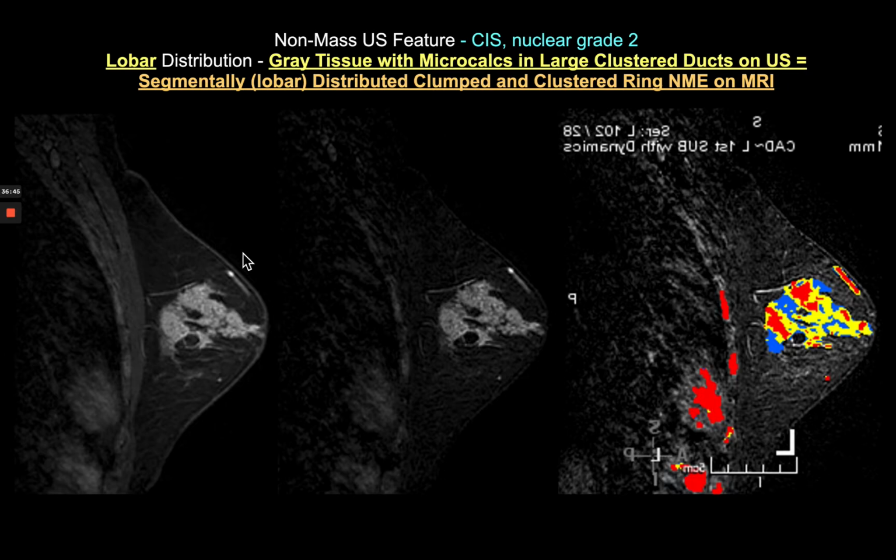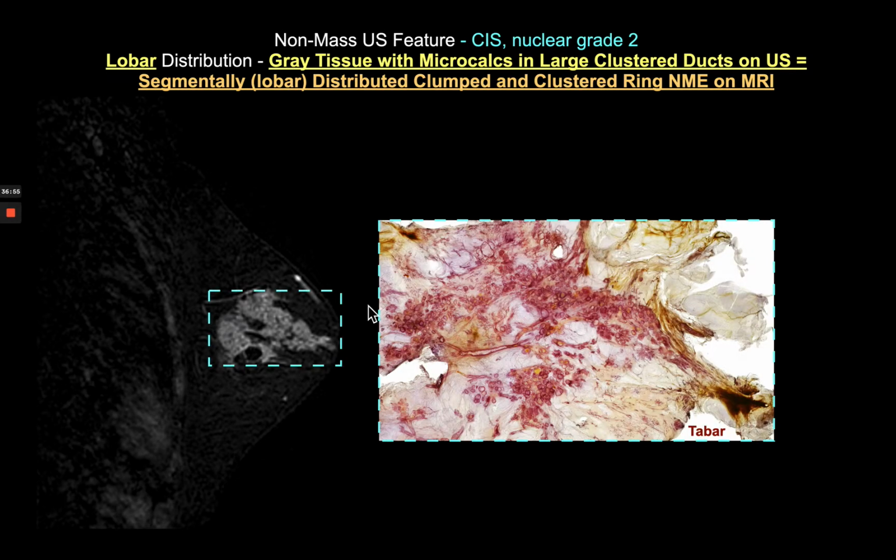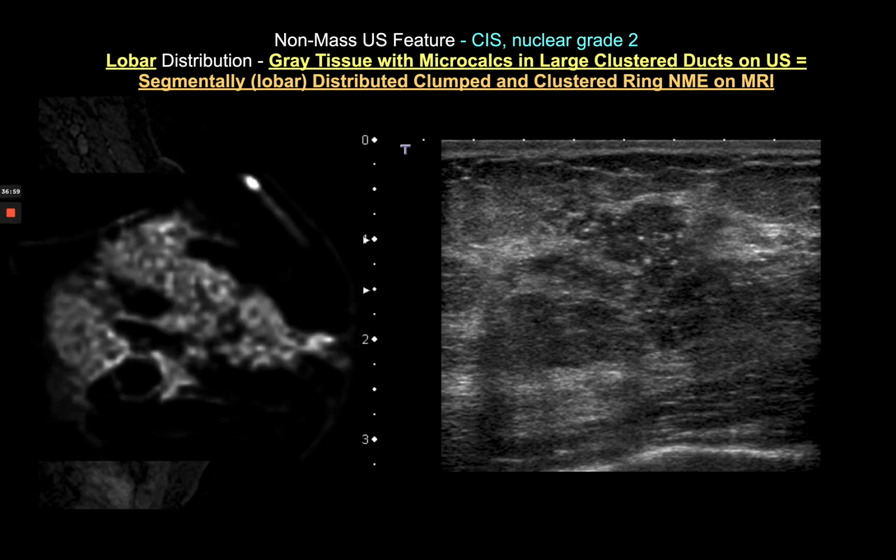It's a segmental area of enhancement with mixed washed-out pattern, narrow at the nipple, widening at the base. Again, if I enlarge this and increase the contrast, you can see they have a combination of clustered rings and clumped.